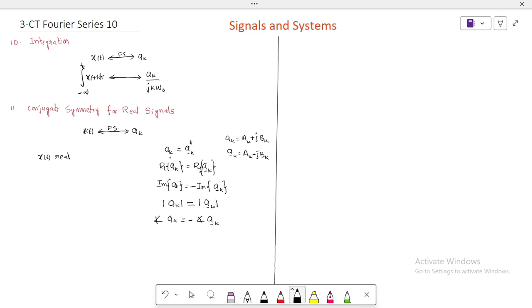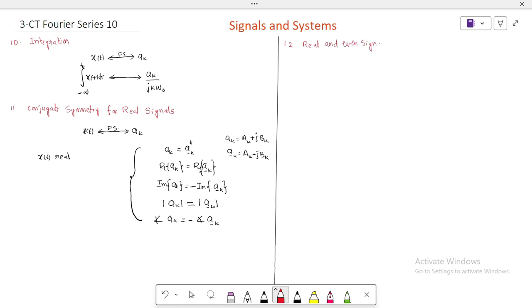The 12th one, for real and even signals: x of t is real and even. What is even and odd?